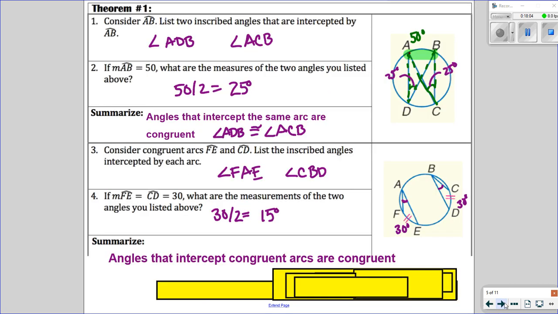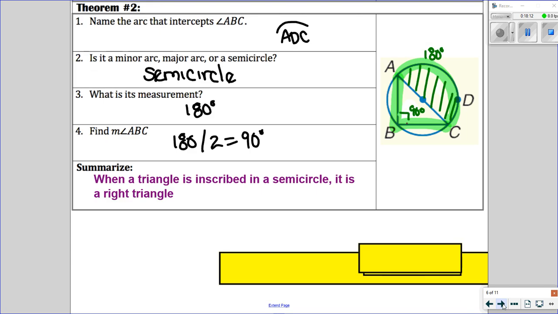Okay, and also we know that angles that intercept the same arc are going to be congruent. Angles that intercept congruent arcs are congruent. And when a triangle is inscribed in a semicircle, which is 180, it's going to be a right triangle because you're doing half of that, half the intercepted arc to give you the inscribed angle, and it will be 90.